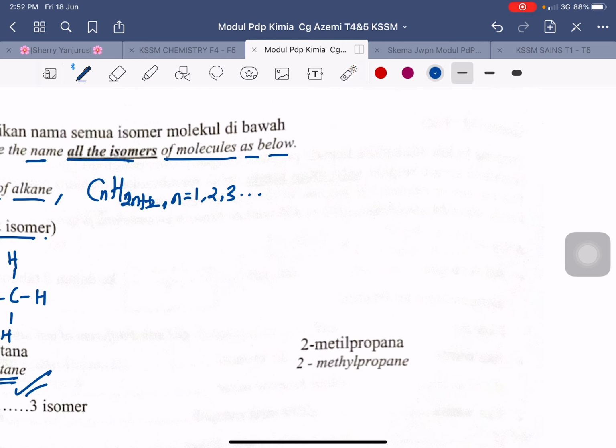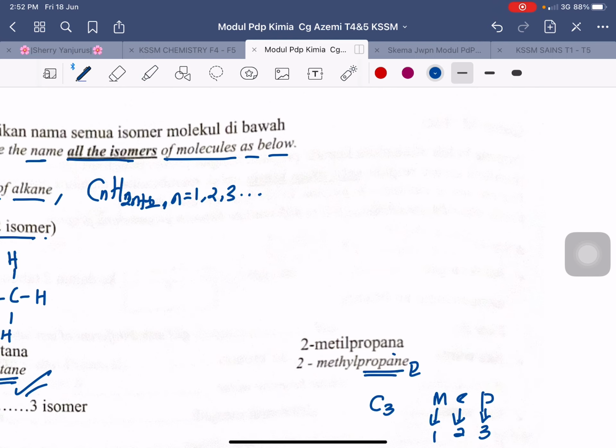So look at this one. When you see the name behind here is propane, maksudnya the longest chain ada 3 atom karbon. Why? Because propane is C3. Kan? My elephant pergi. Okay? This is the third carbon atom. This is the second. And this is the first carbon atom.